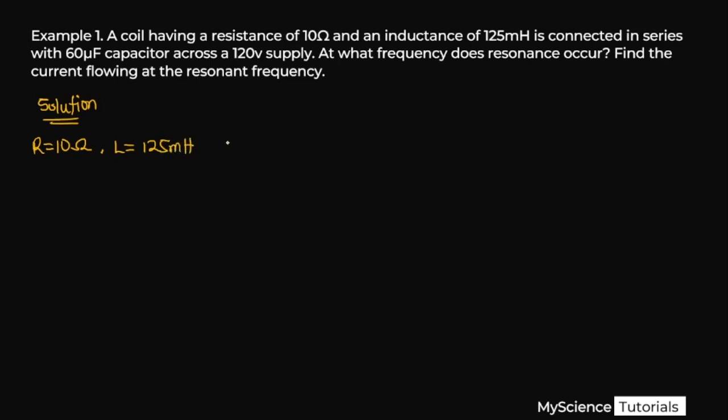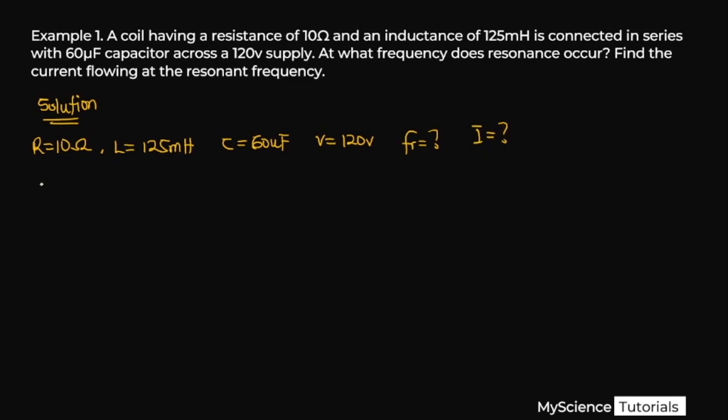And it's connected in series with a capacitor of capacitance 60 microfarad across a voltage of 120 volt supply. We're asked at what frequency, the resonant frequency, this occurs, and we are also to find the current at which this occurs.